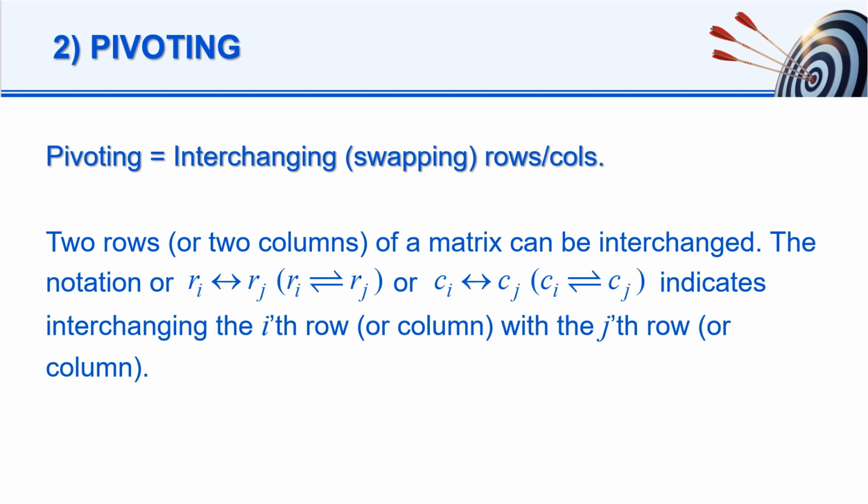Any two rows or columns can be swapped to achieve pivoting. Pay attention to the notations used. The goal is to make the matrix easier to solve, typically by transforming it into row echelon form or reduced row echelon form through Gaussian elimination or Gauss-Jordan elimination.